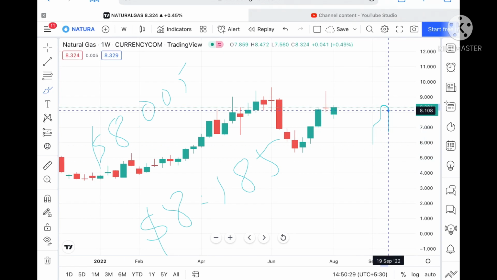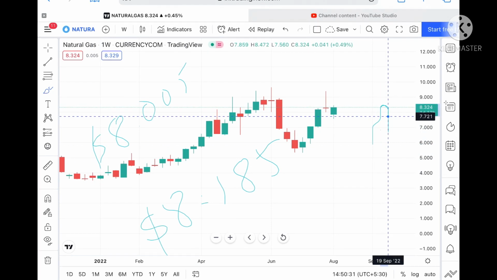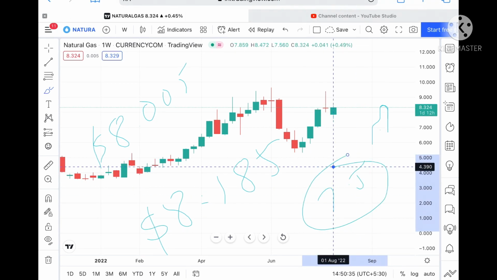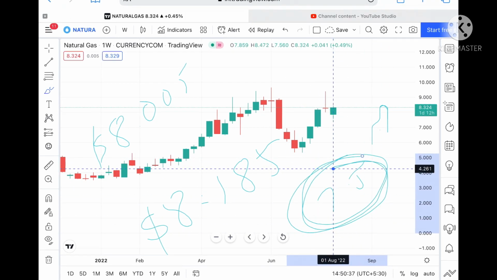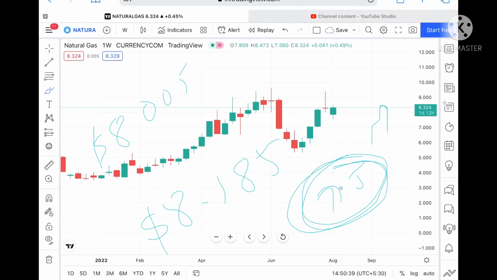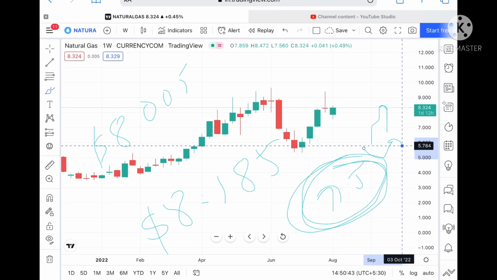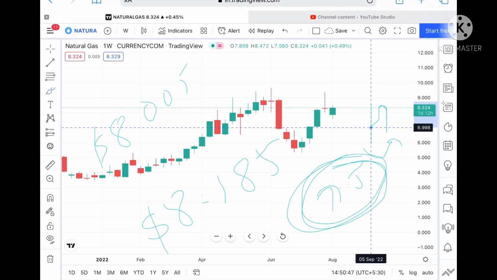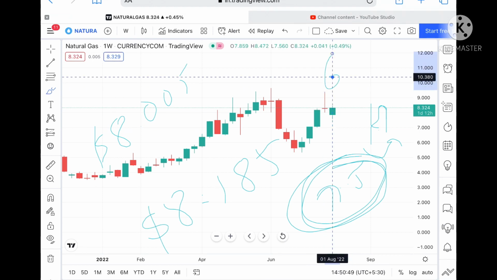If the price doesn't sustain that level also, then there is a high probability we can see a level of $7.5, which is a support already tested here, and a strong support. There we can see a bounce back, or if this level doesn't sustain, we can see it move further down towards a level of $6.9.